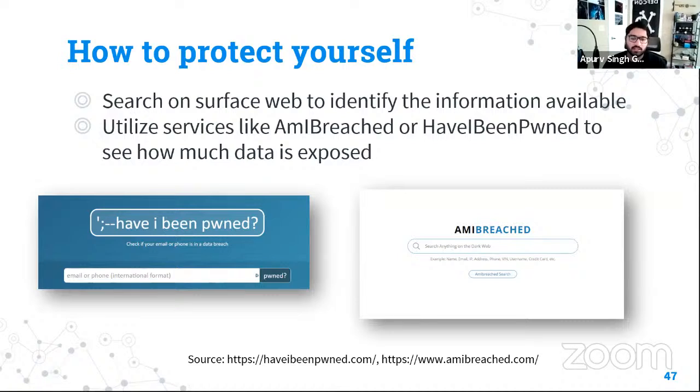So you can search these things on these websites, and if your credit card has been breached, you close that card and get a new one. If your email or password is breached, you change that password. You try to use multi-factor authentication on every online service that you are on, and you try to change the things that you can.